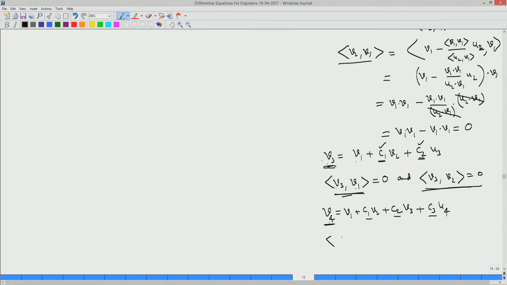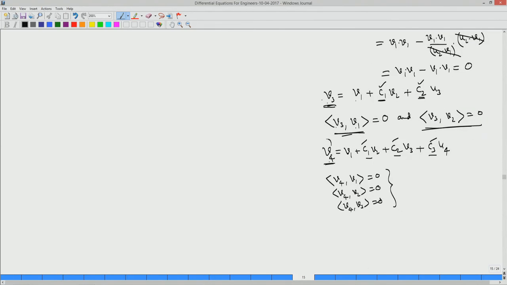Those are the 3 conditions, with 3 unknowns: V4 dot V1 is 0, V4 dot V2 is 0, V4 dot V3 is 0. With these 3 I can find C1, C2, C3. What you get is V4, orthogonal to V1, V2, V3. Now I have made U1, U2, U3, U4 into orthogonal vectors V1, V2, V3, V4, where V1 is nothing but U1 itself. That is how we do this. This is the Gram-Schmidt orthogonalization process.